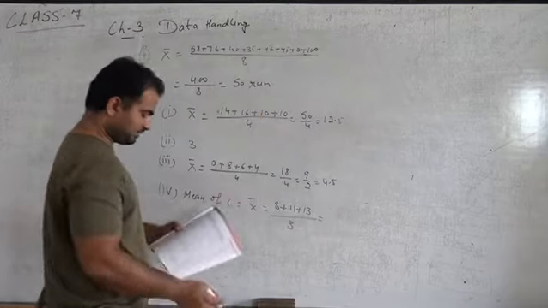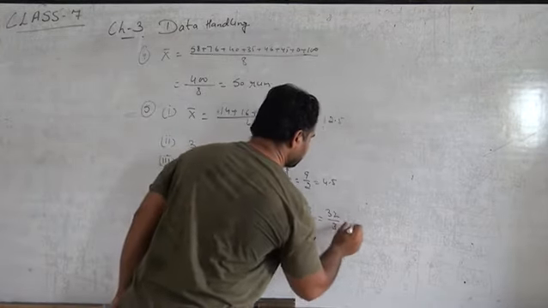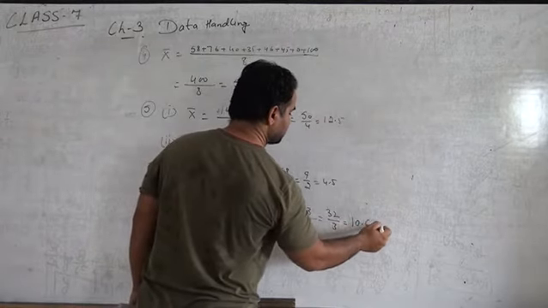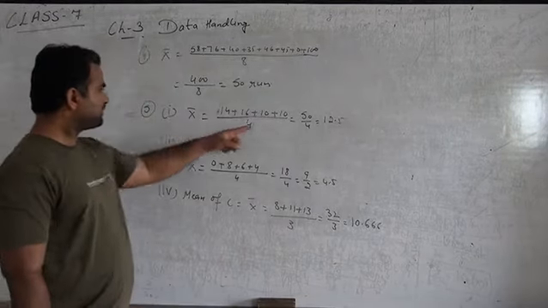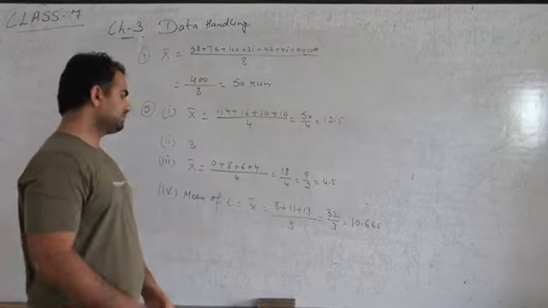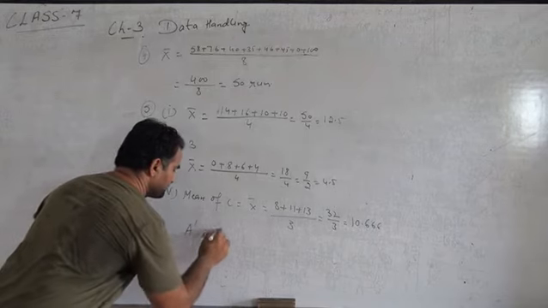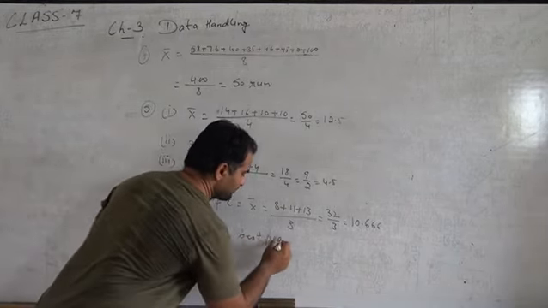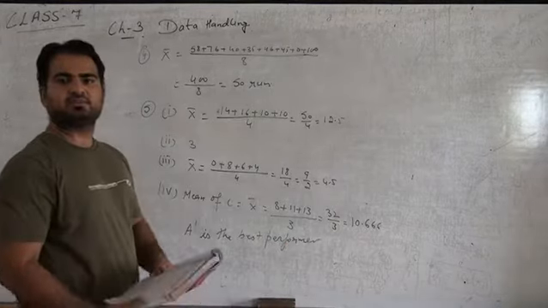It will be 32 by 3, so it will be 10.666. Okay, whose average is better? The average of A is better than the other two. So A is the best performer.